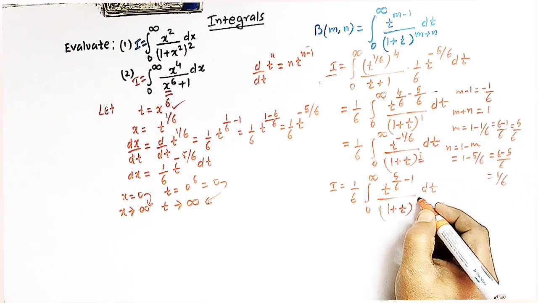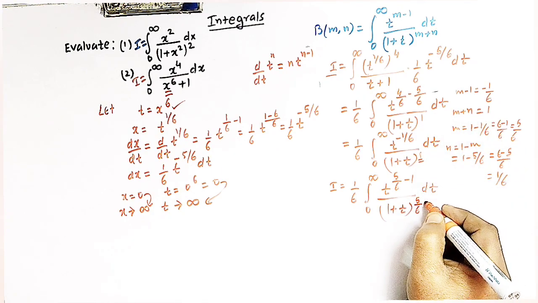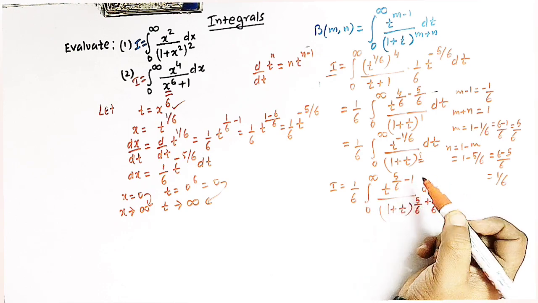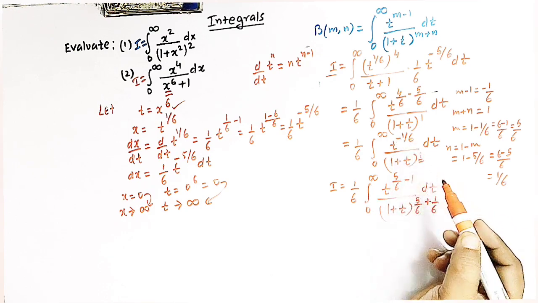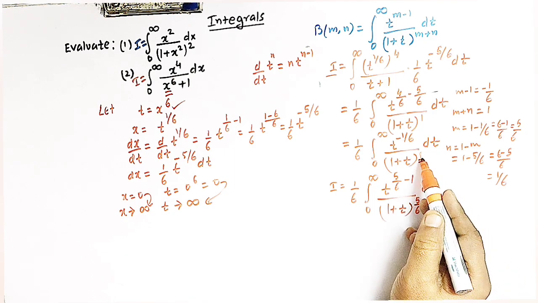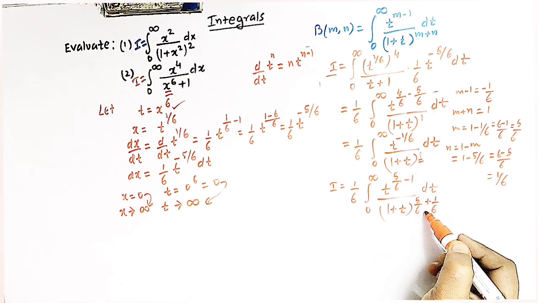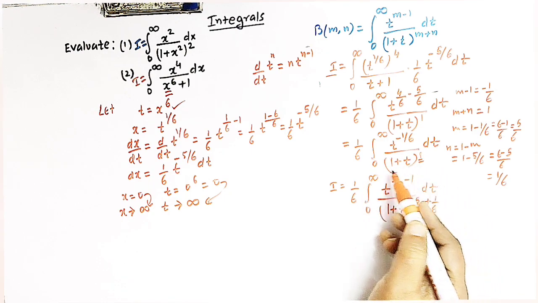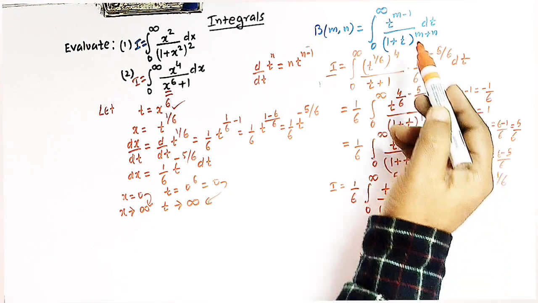M is 5 over 6, and n is 1 over 6. So 5 over 6 minus 1 is minus 1 over 6, and 5 over 6 plus 1 over 6 is equal to 6 over 6, that is 1, right? So this integral is now exactly similar to this one.